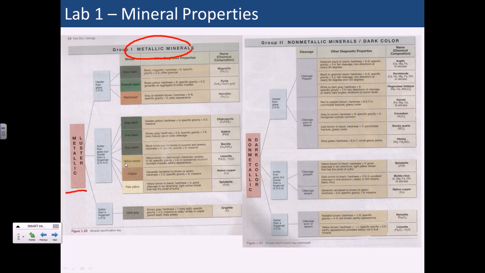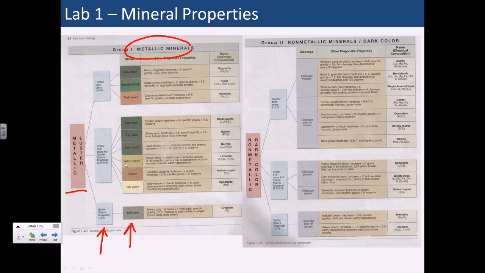The next observation that you will make for these metallic minerals will be the hardness. Is it harder than 2.5, softer than 2.5, harder than 5.5? Okay? And then the next property you'll use is the streak.